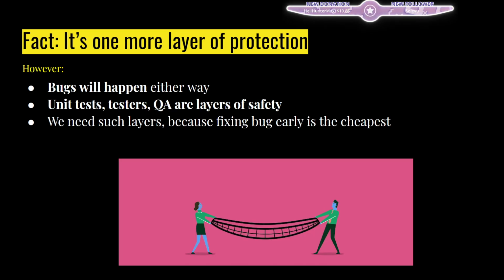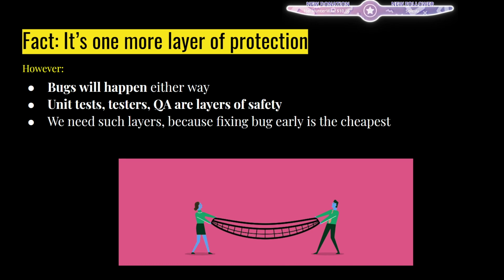However, the more tests you have, the less the risk is that a bug will go through to production. Every kind of testing, starting with unit tests, with testers tests, and with QA manual testing, adds a layer of protection, a safety net to stop bugs from coming.